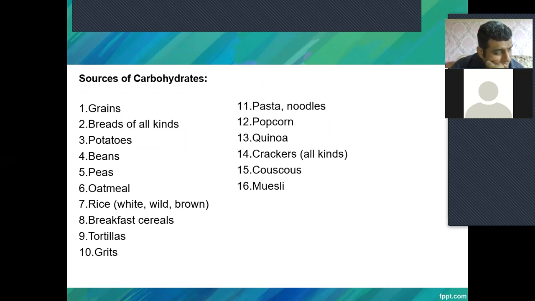Then there are bakery products like cakes, breads and cupcakes, as well as noodles and pasta. Then all kinds of crackers and biscuits have carbohydrate, and some foods are made from starch. So these are the kinds of sources of carbohydrates we have.